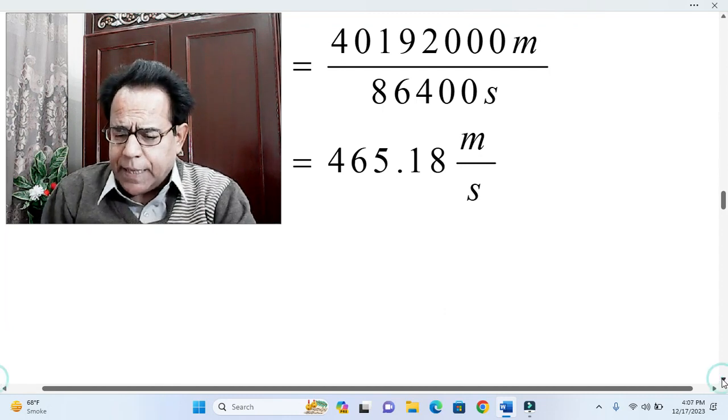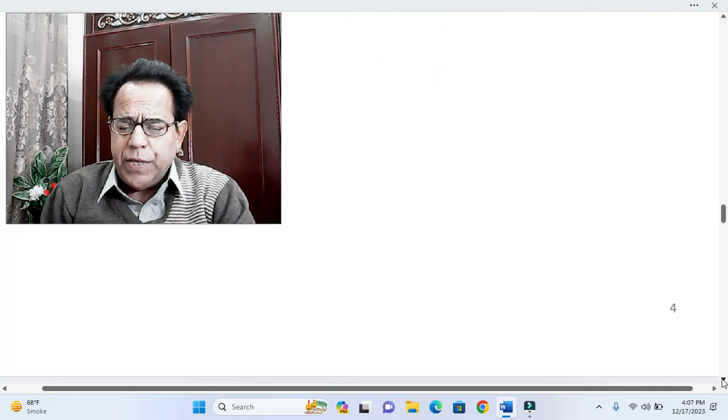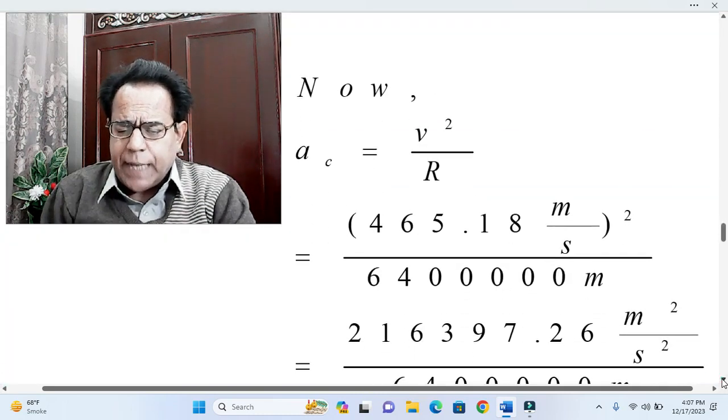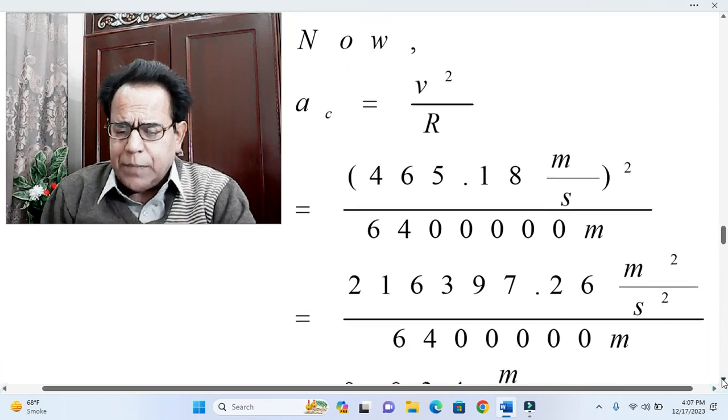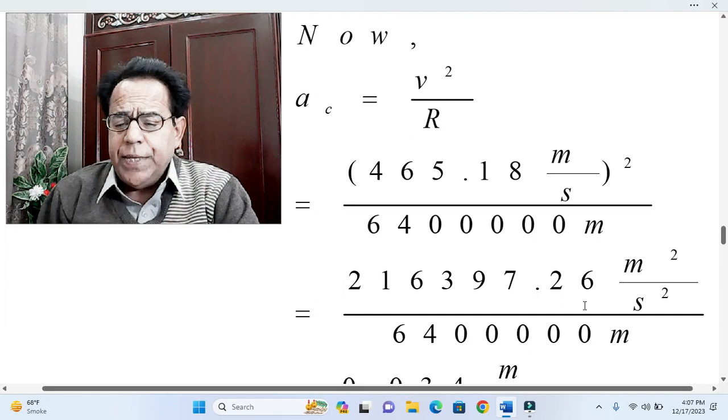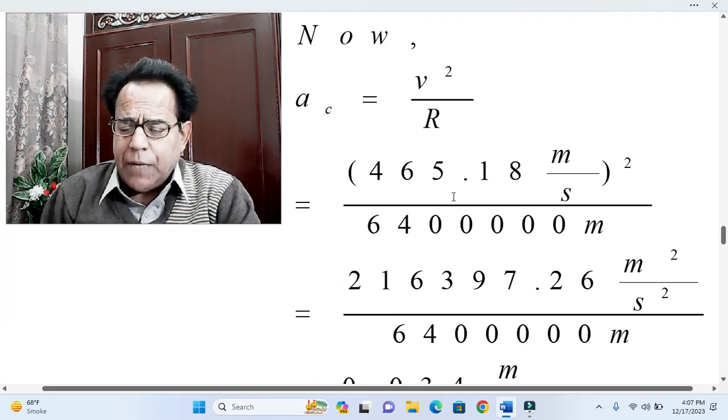Now we are going to find out the centripetal acceleration. Centripetal acceleration AC is equal to V square over R. V is that value which we have calculated in the above step, and R is that value which is provided in the statement.